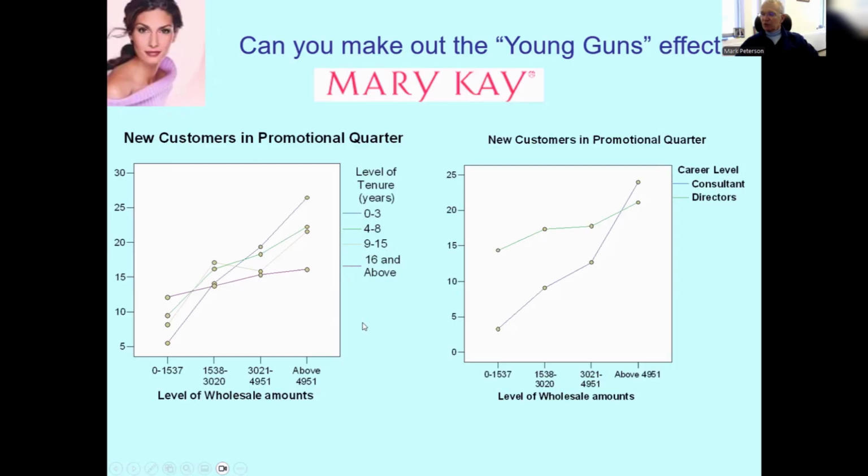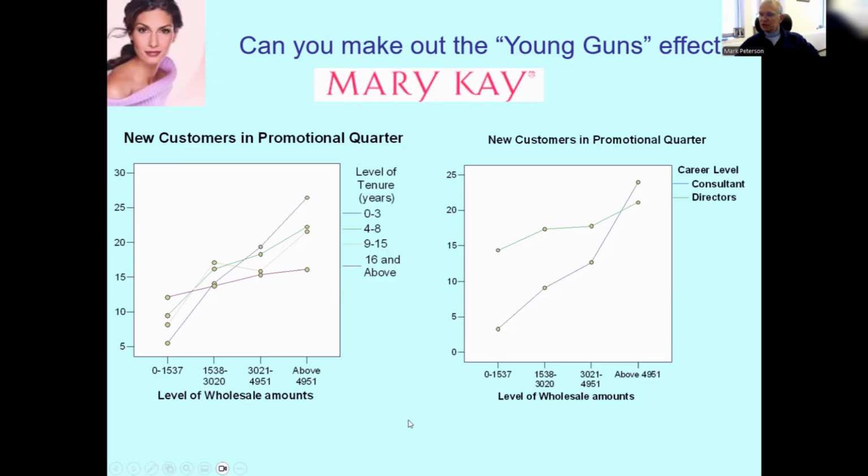So finding and recruiting these new salespeople is important to Mary Kay. You can see that they eclipse the directors, who are the more veteran salespeople in the organization, for those big sales and the number of customers. Finding those dynamic, effective, young salespeople is important to the Mary Kay Corporation, and you can see it graphically depicted in the results here.